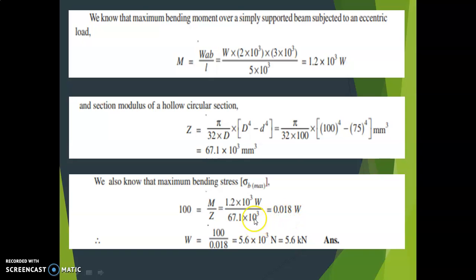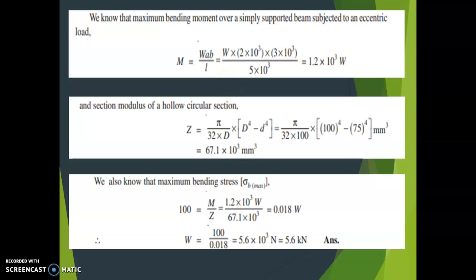So you get W is equal to 0.018 times 100, that is the simplification. So W is equal to 100 divided by 0.018, that is equal to 5.6 into 10 raised to 3 Newton or 5.6 kilonewton.